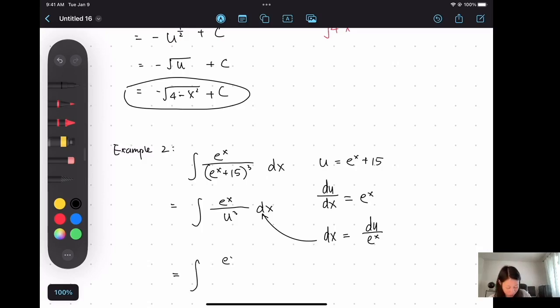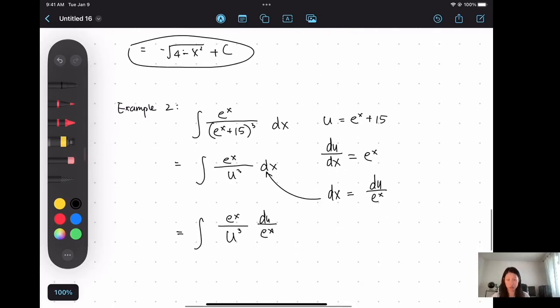So I got e to the x, u to the third, and then du over e to the x. Now the e to the x terms can cancel, so your answer ends up being u to the negative 3 power du.